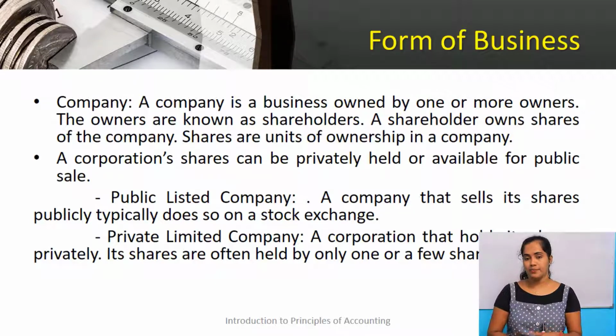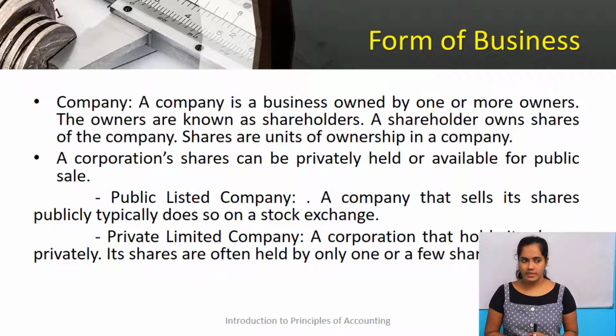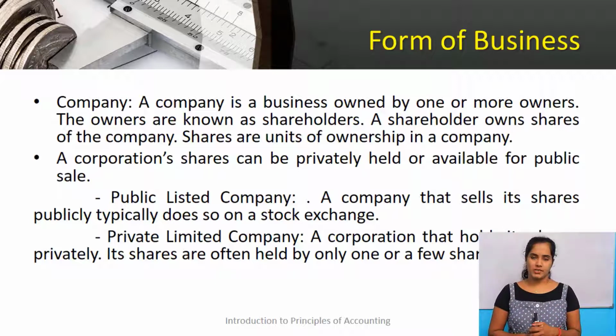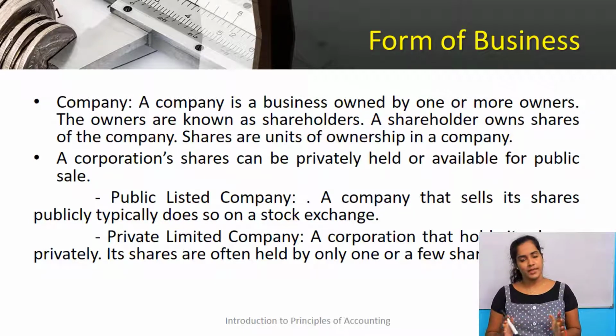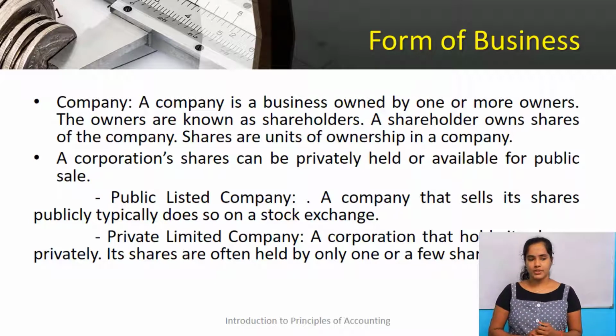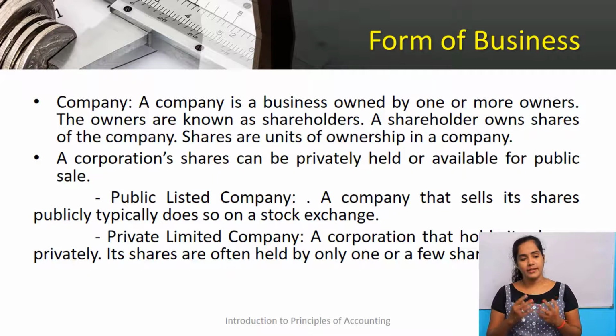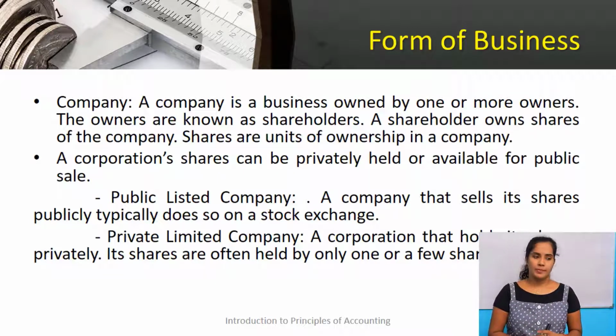In the partnership, owners are partners, but in the company, owners are known as shareholders. A shareholder owns a share of the ownership of an organization. Shares are units of ownership in a company. A corporation's shares can be traded privately or publicly.